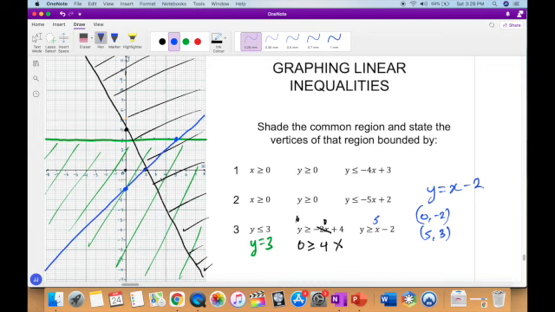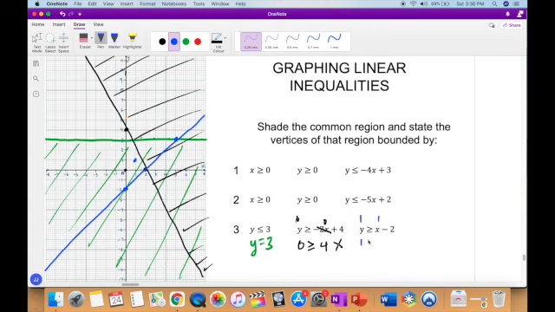Right there. And now I have a feeling it's going to be this little triangle thing over here that is the region. So let's see which region is true. Let's try above, since I have a hunch. Let's try testing the point 1, 1. 1, 1 is above the blue line. So x is 1, y is 1.